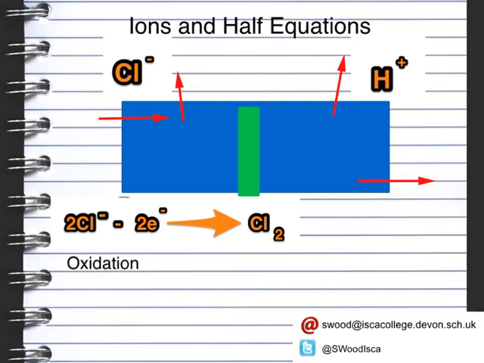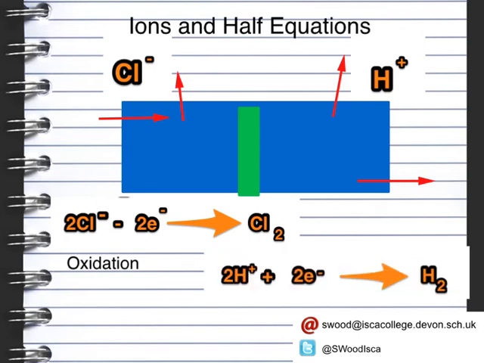On the other side we have the hydrogen being formed. The hydrogen ion, which is positive, actually gains the two electrons. You'll notice two electrons are lost there and they are gained here, and that becomes hydrogen, H2. This is an example of reduction.